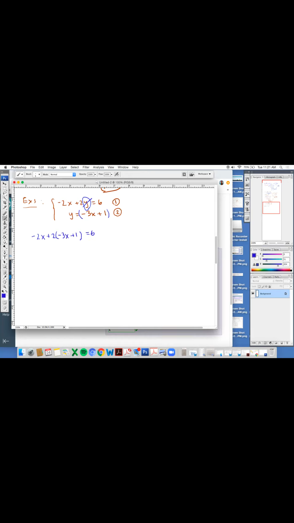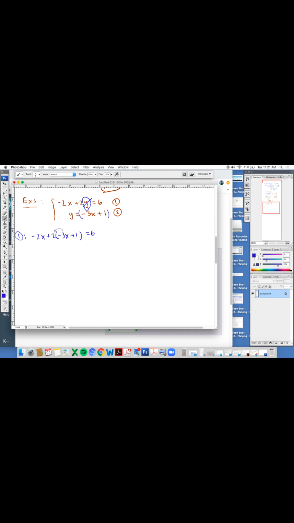So this is equation 1 that I rewrote with y crossed out and replaced by negative 3x plus 1. Any questions on that part? After this, we have an equation that's only x and we solve it.